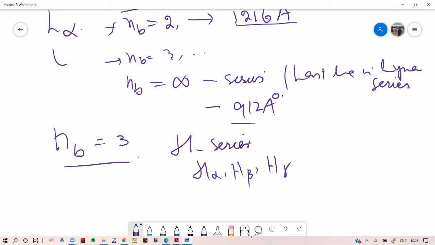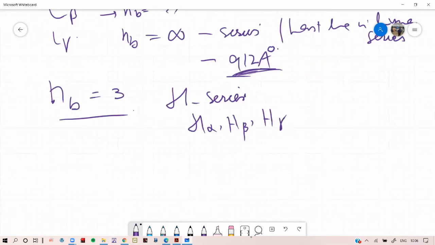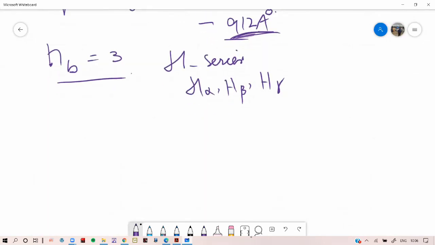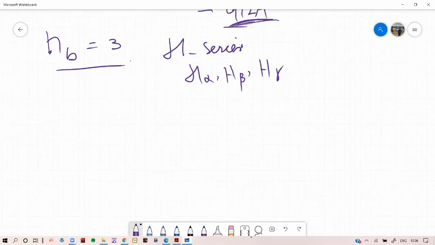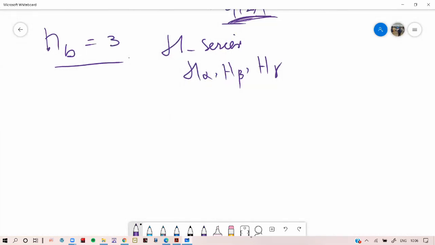Nb equal to 3 is L beta, and Nb equal to 4 is L gamma, but at the series limit we don't have any line with a wavelength less than 912 angstrom in the Lyman series.